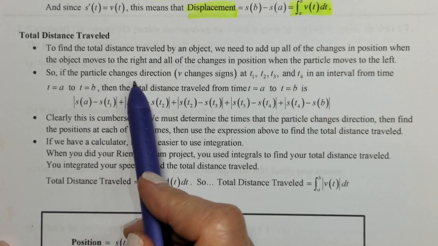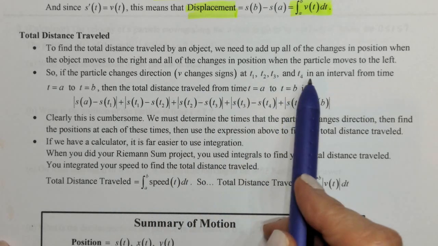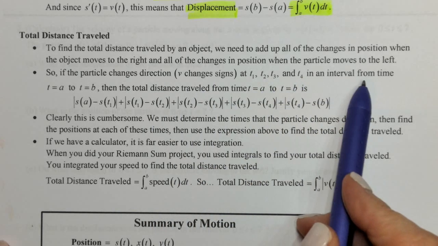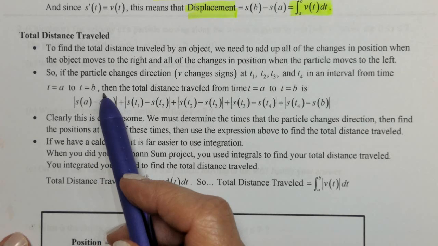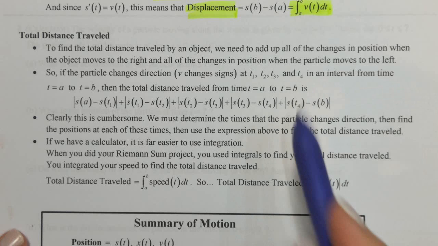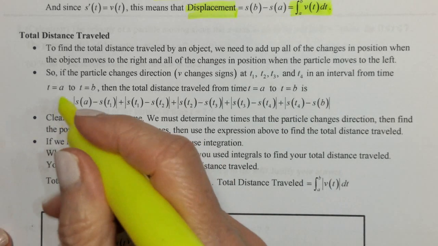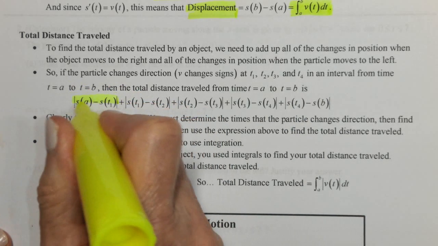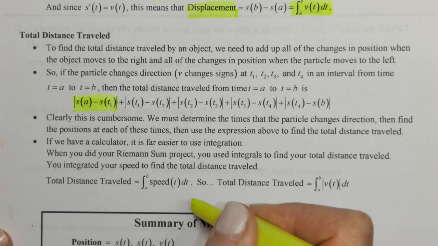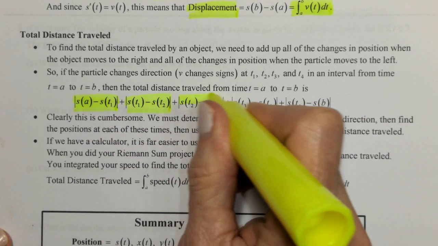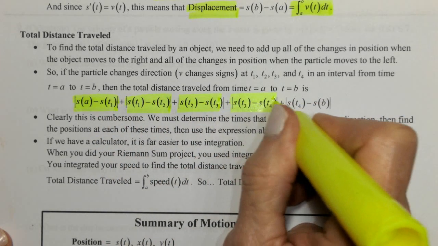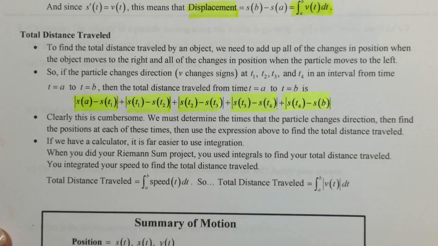So if the particle changes direction at these 4 times in some interval from time A to time B, then the total distance traveled from time A to time B is, okay, you would find the distance for the first segment and add the distance for the second segment, and then add the distance from the third segment, and you'd keep on adding until you got to your ending time. Notice the absolute values there because distance is always positive.